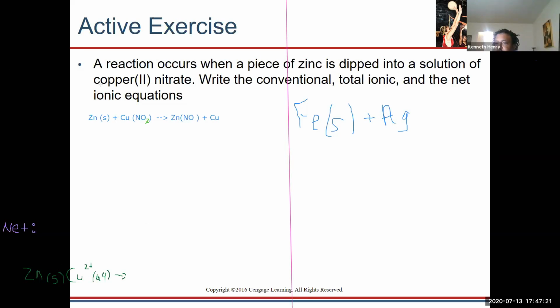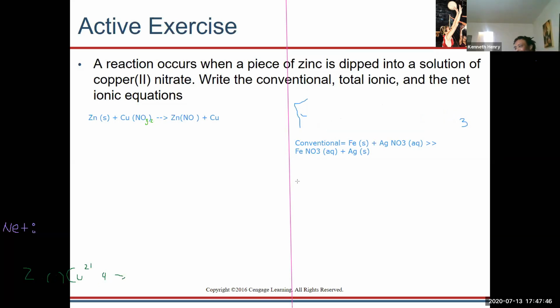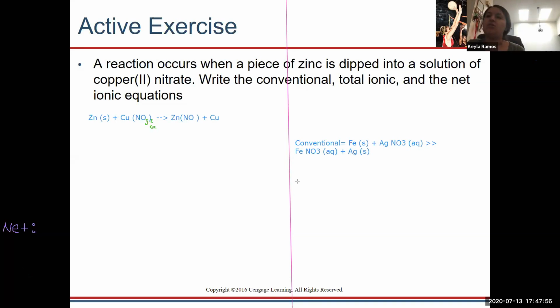You guys are going to do the net ionic, and then tell me which one is being oxidized and reduced. Okay, so I am doing the net ionic. Yes, net ionic. Oh, shoot, I was writing the conventional. You guys do not communicate well with each other. I know. Communication is an essential part of things. Okay, that's probably a lot neater than my mess, so.